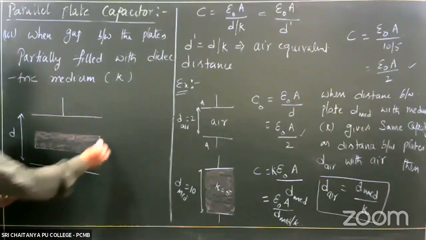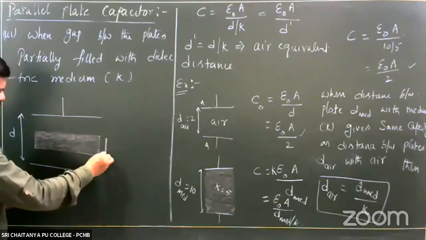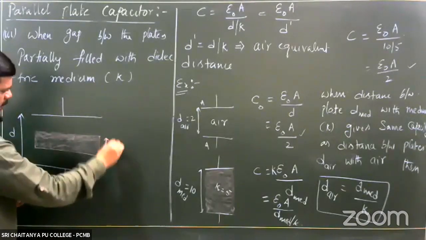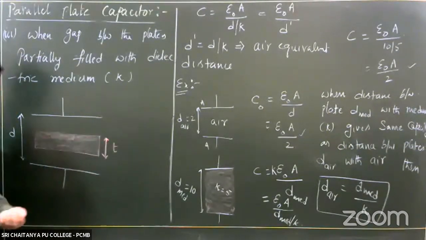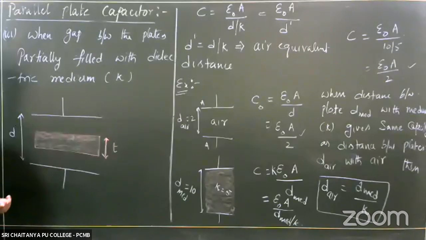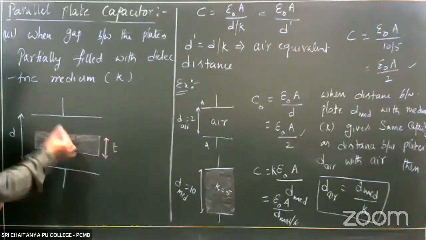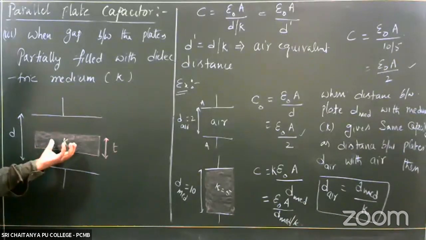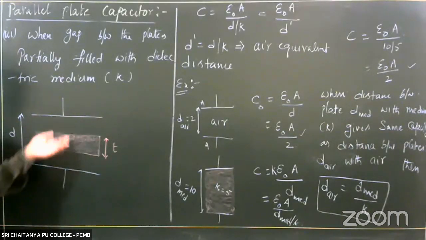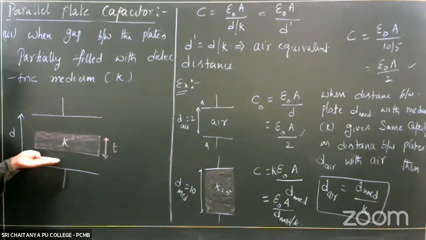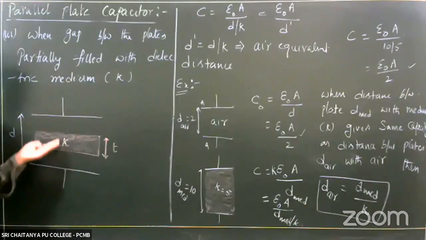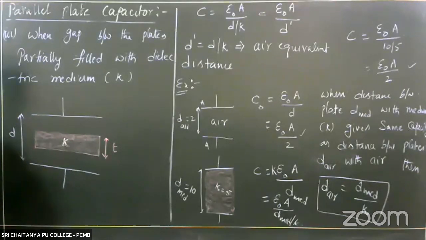Its thickness for this dielectric slab is T, and its dielectric constant is K. Now it is partially filled, not completely. Some part is covered with air, some part is covered with dielectric medium.